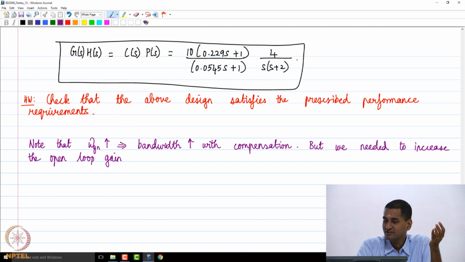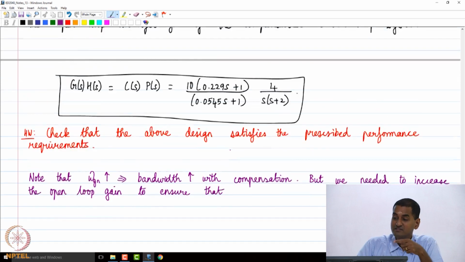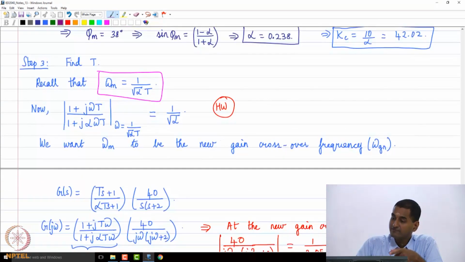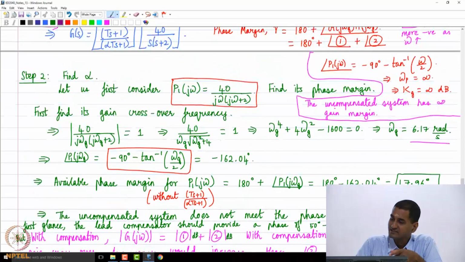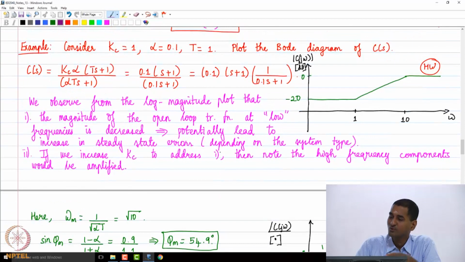Initially we had it as 2 for the plant, we had to increase it to 20, to essentially ensure that the low frequency components were not attenuated. That is something which we discussed yesterday, because if you recall, one limitation with the lead compensator was that the low frequency components were attenuated.